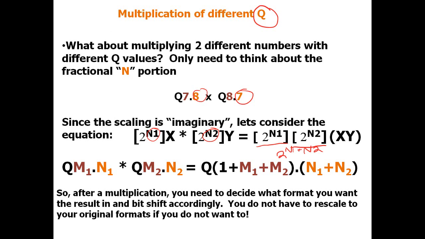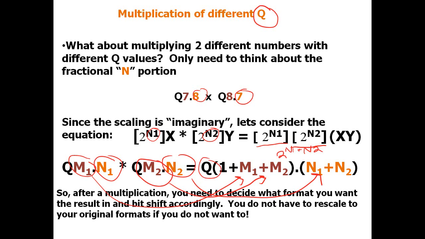So in the Qm.n, what happens is when we multiply them, we add together the different n values, the number of fractional bits. The m values also get added together. Then we have an extra factor of 1 in there from the multiply, and we have our sign bit.